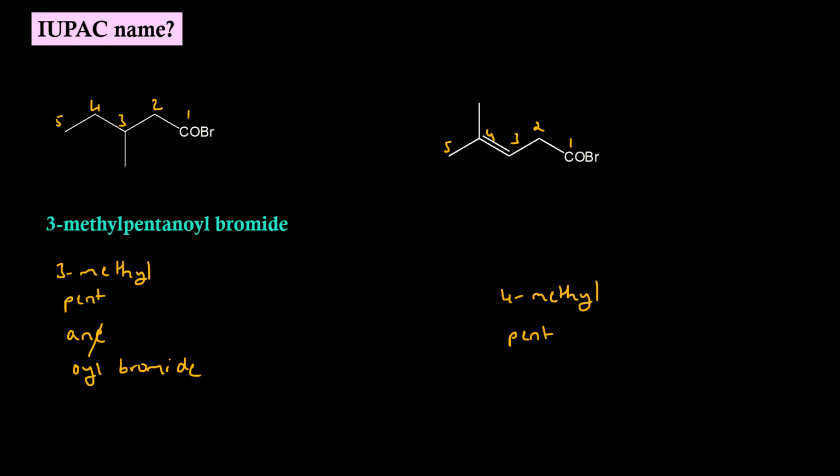Between the carbon atoms, we have a double bond. So the primary suffix is ene. Double bond is present at position 3. So 3-ene. Secondary suffix is oyl bromide. E of the primary suffix has to be dropped. So the IUPAC name will be 4-methyl pent-3-enoyl bromide.